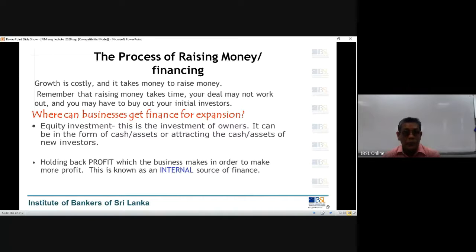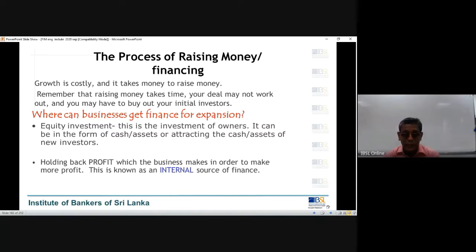Okay, the first one is the famous one we call equity investment. What do we mean by equity investment? Basically we talk about issuing shares in the share market. There are some advantages and disadvantages of each and every expansion financing method.